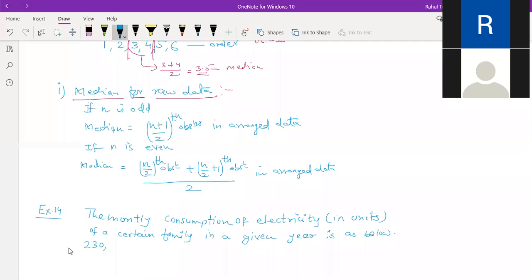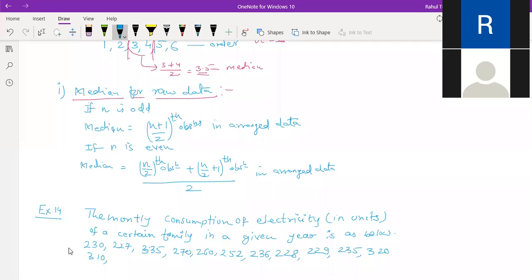230, 227, 335, 270, 260, 252, 236, 228, 229, 235, 320, and 310.